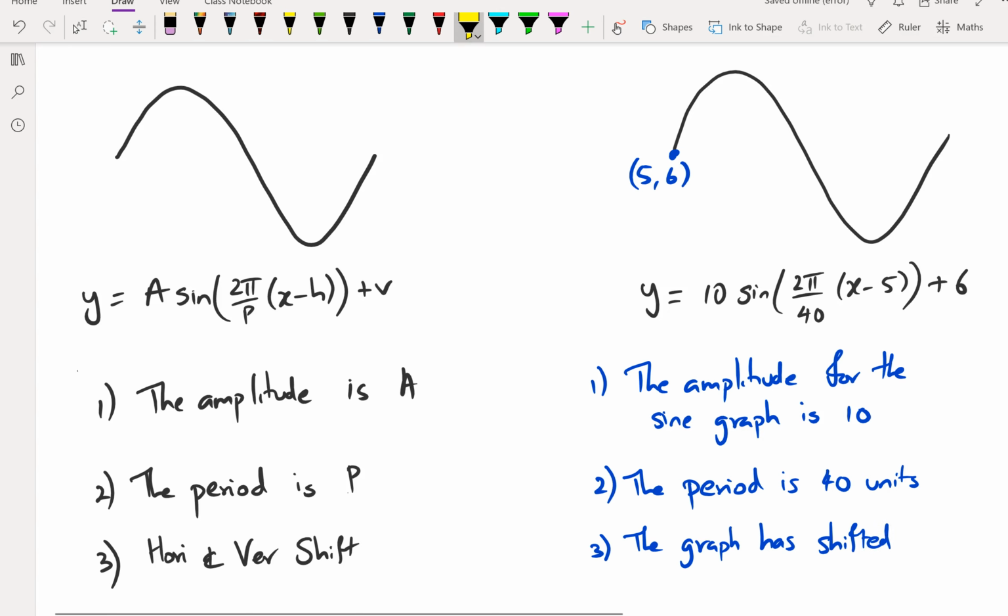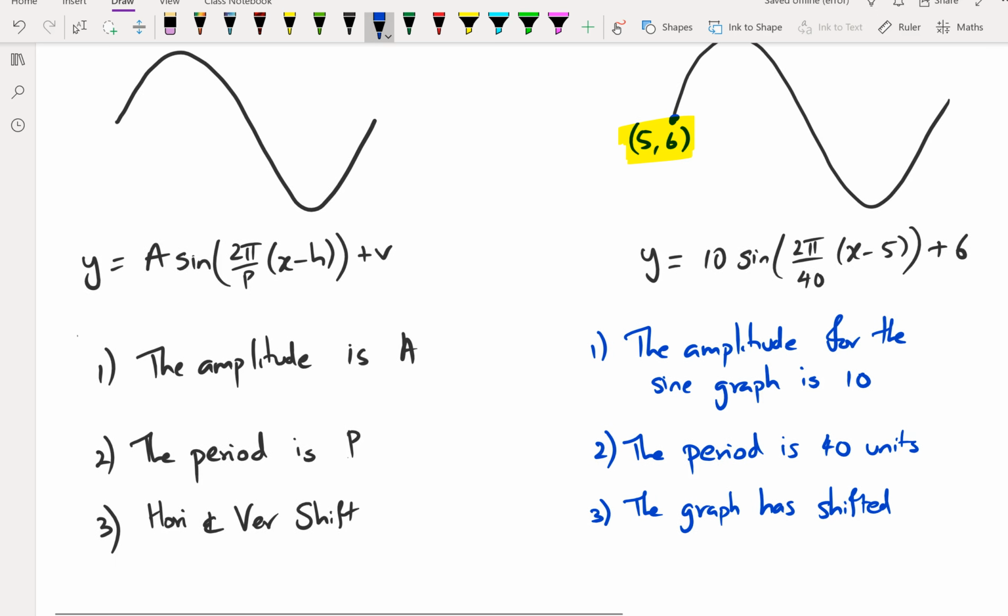I go back to this. I'm going to highlight the colors so you guys can see where that 5 and 6 comes from. So 5 units to the right and 6 units up. So if you look at it, this is where the 5 and 6 comes from.